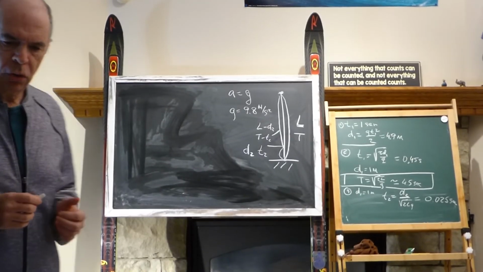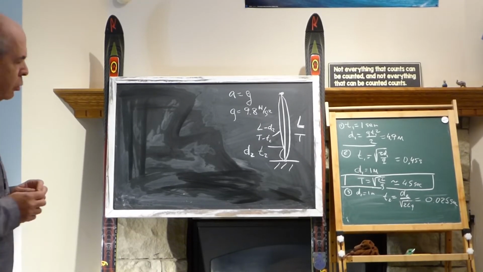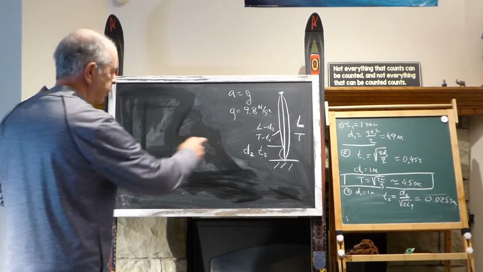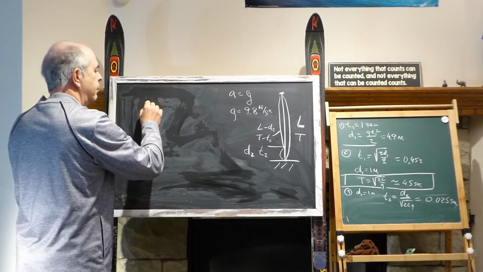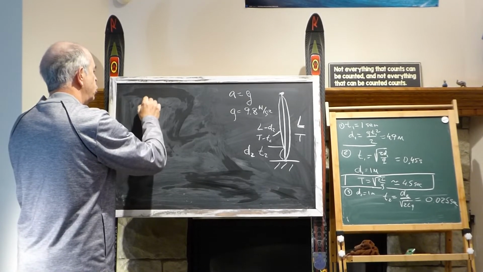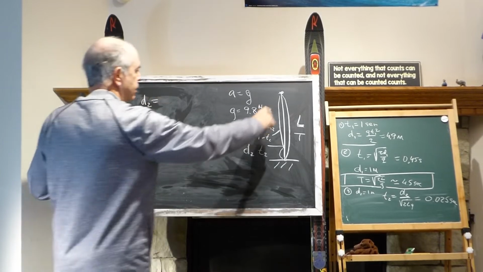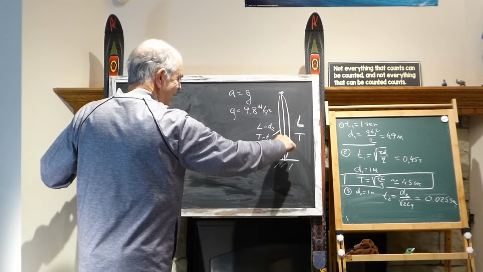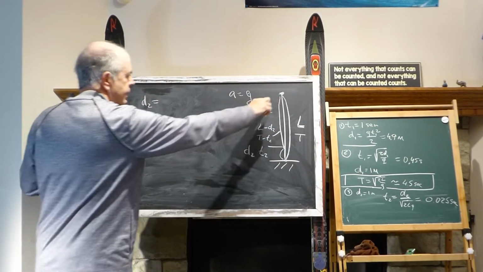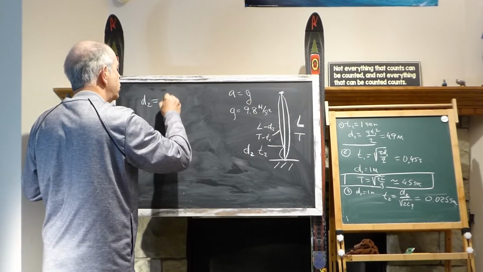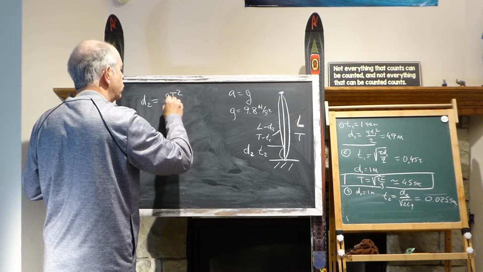If T2 is known, they want us to find D2. And this is very simple. We have D2 equals L, this distance, minus this distance. But this distance, L capital, is gT squared over 2.